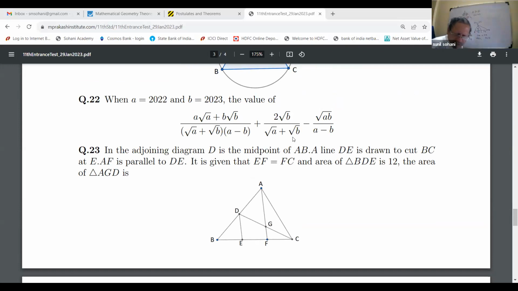Wait, where is my pen? See, I draw this figure a little better to show you what I am trying to say. Let's say this is D, this is G, and C, and A, and drop a perpendicular.